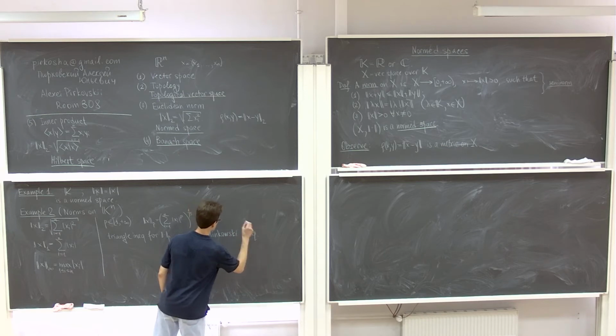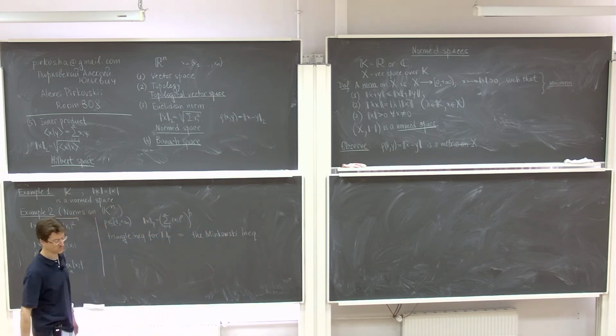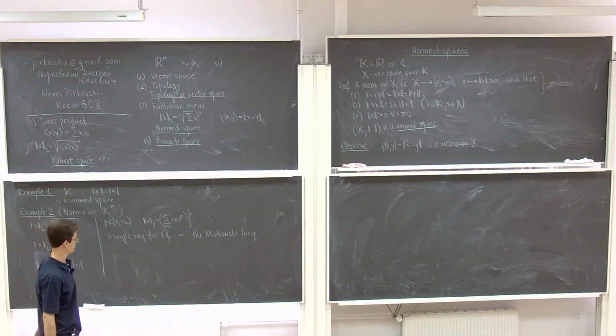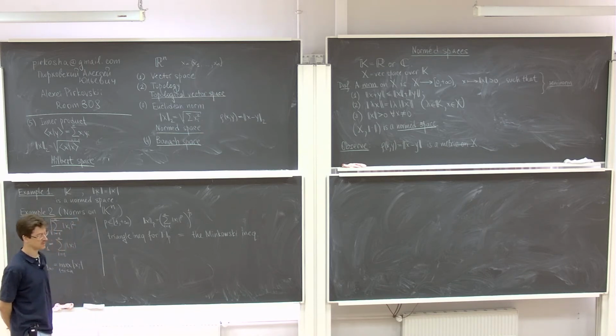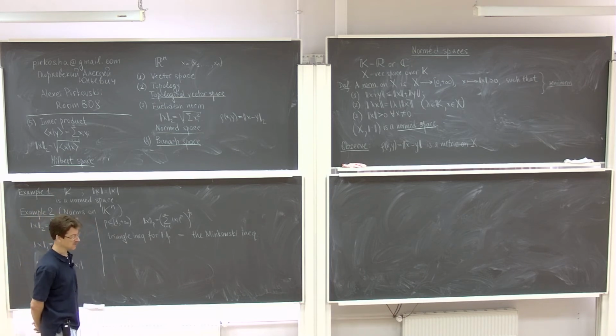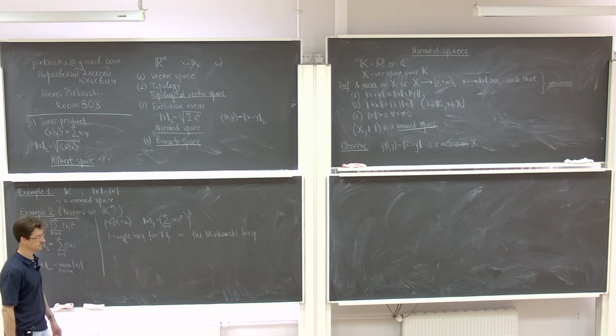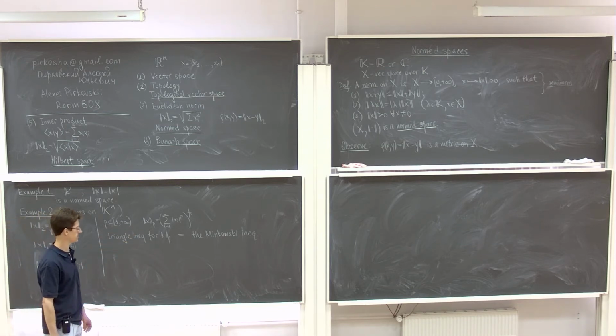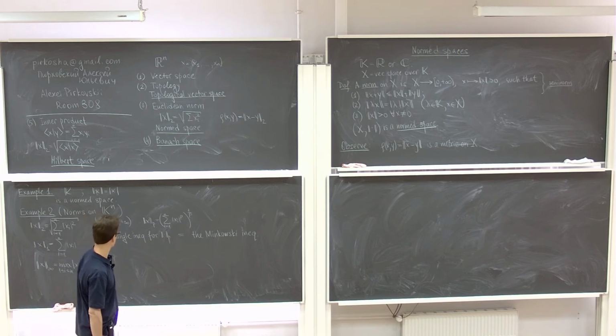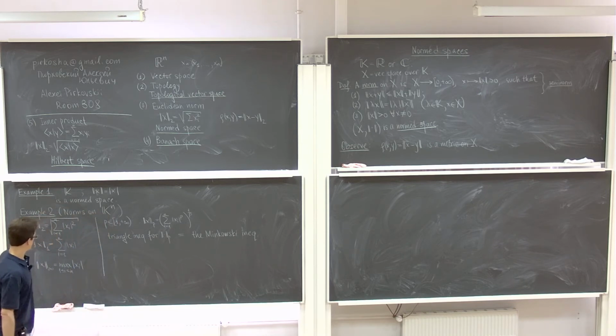I will not prove it now. The proof is included in our first exercise sheet, so we will probably discuss it at the exercise classes. So now let's just take it for granted that this norm is indeed a norm. It satisfies the triangle inequality. Okay, so we have that.